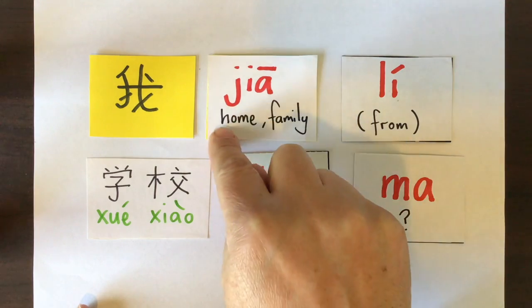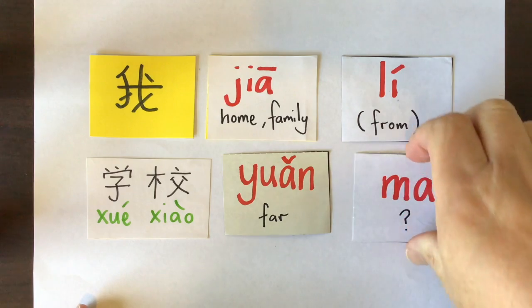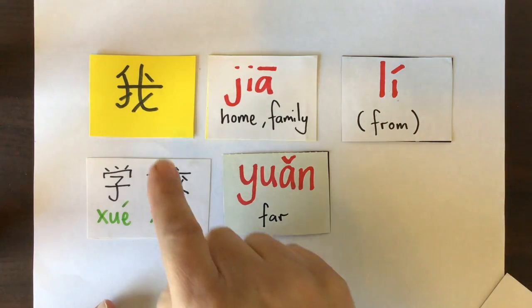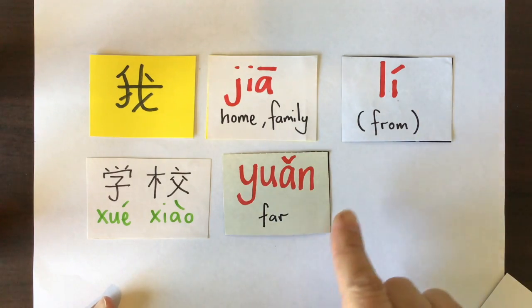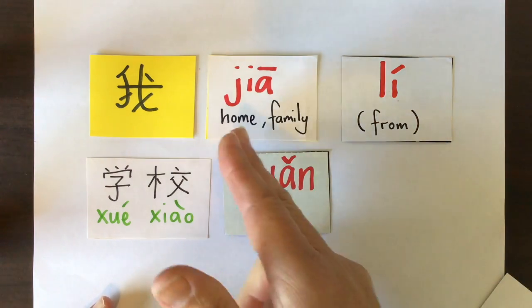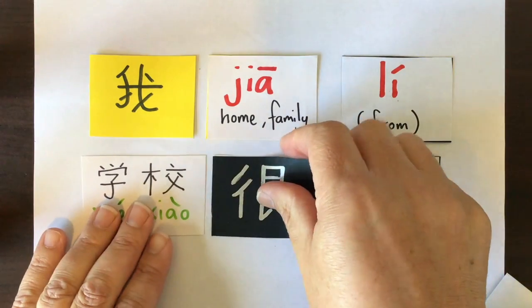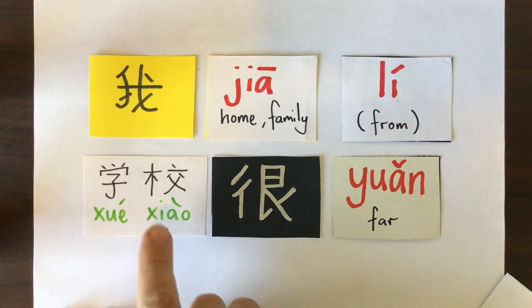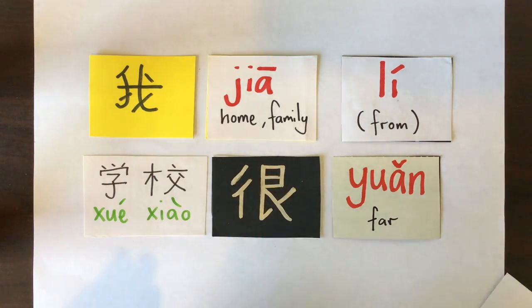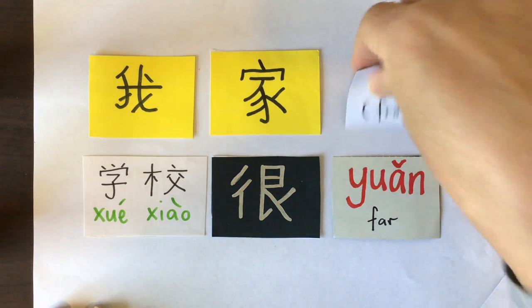My family, my home. 我家里学校. Now let's take away the question word. You could say 我家里学校远, for my house is far from school. Or it might be 很远. So 我家离学校很远. So my house is very far from the school. Let's take a look at how that looks in characters.